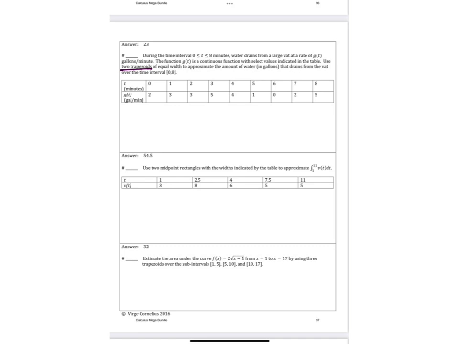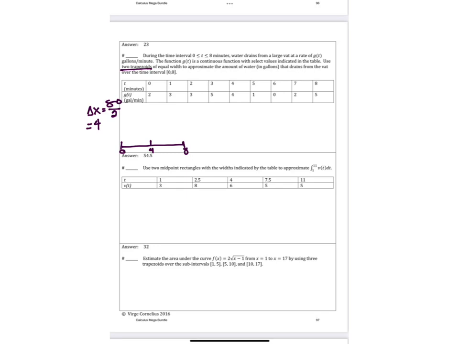So in order to compute delta x, we're going to have 8 minus 0 over 2, which is 4. So that means on my interval from 0 to 8, I'm splitting it. And I want to know what's happening from 0 to 4, from 4 to 8. That leaves me 2 partitions.